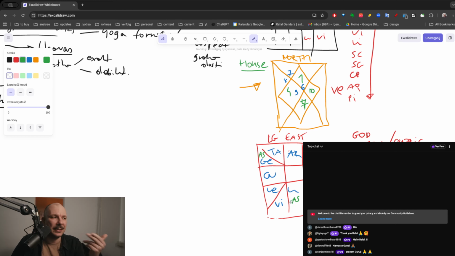You may have ascendant in Capricorn or in Aquarius. This ascendant will change about every 2.5 hours on average, because if you divide 24 hours into 12, it will be about 2 hours. So it depends. Libra is the longest in the northern hemisphere, and Aries will be a shorter sign. So it also depends on where you are born.